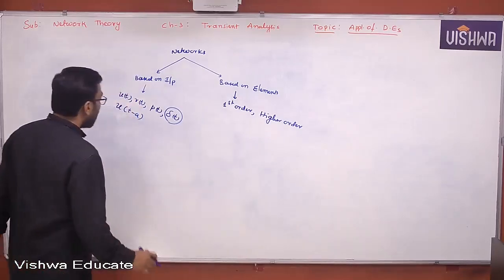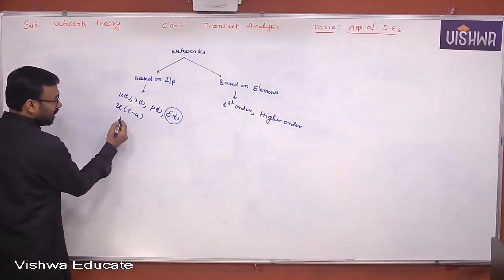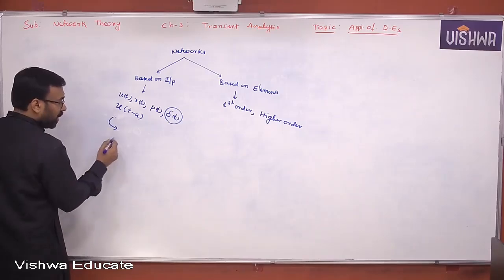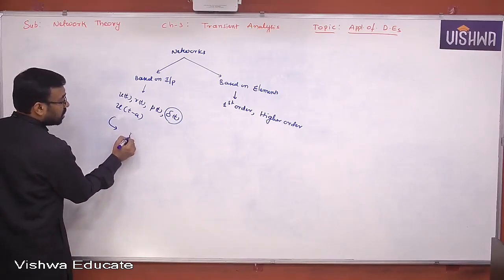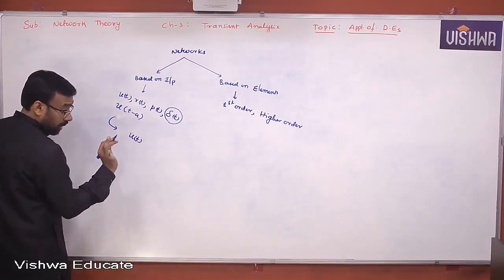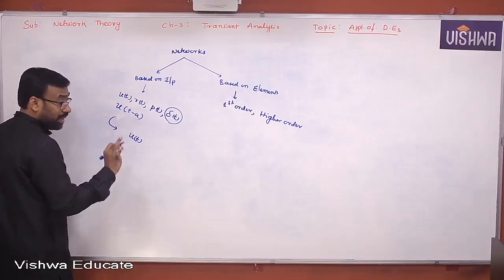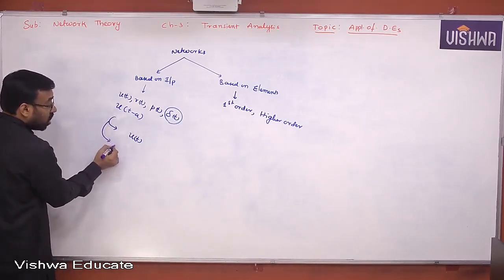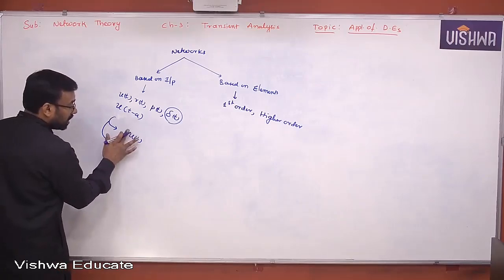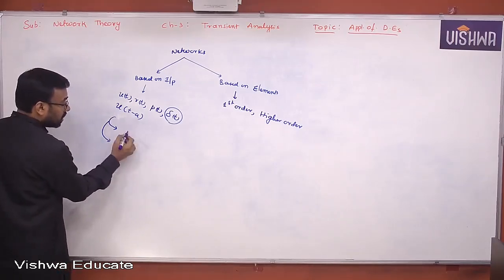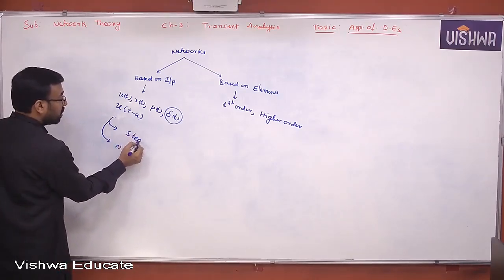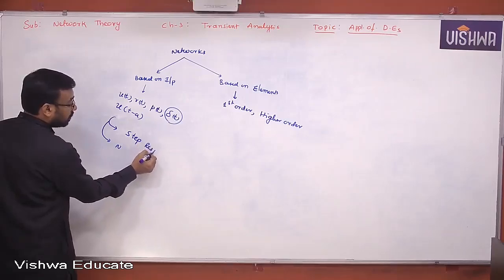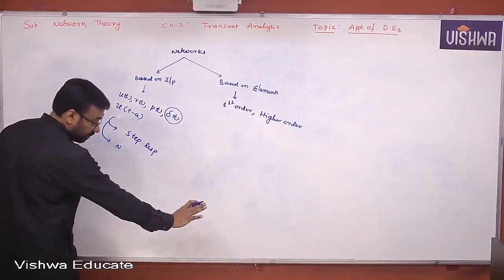Okay. Now, I just divide all these inputs into two categories. First category is the step input. Understand, all of you? It's not necessarily unit step, but step input. The other category is non-step. So step response based networks, without any shifting.